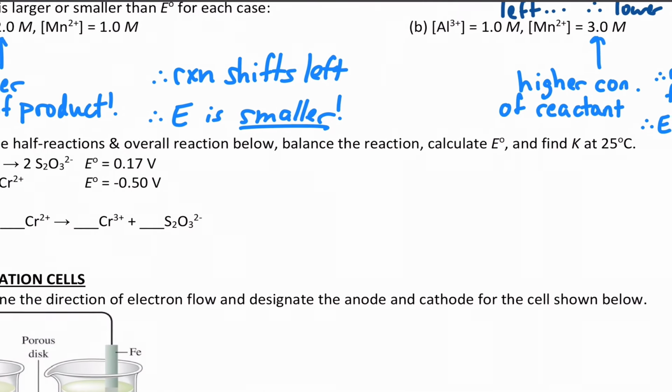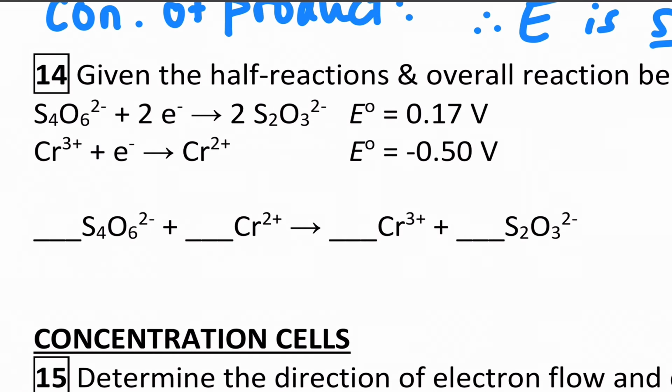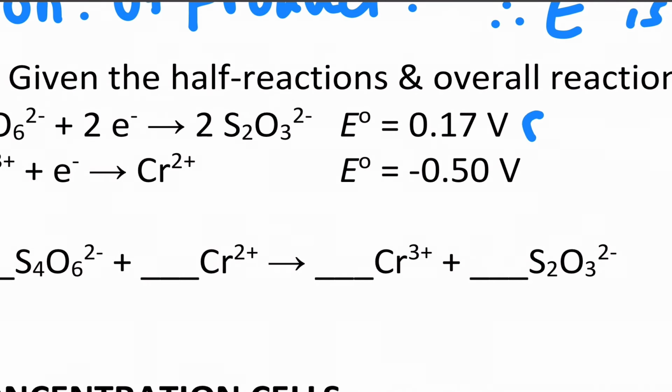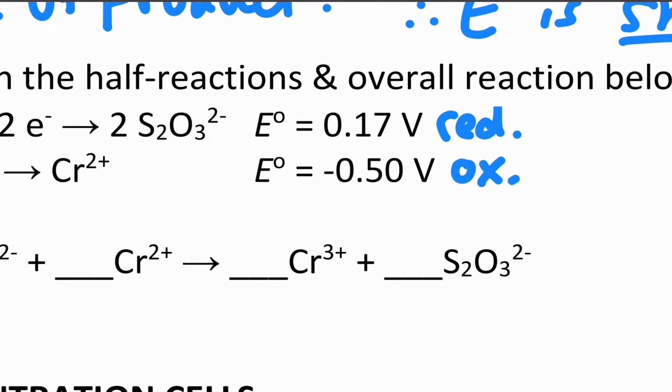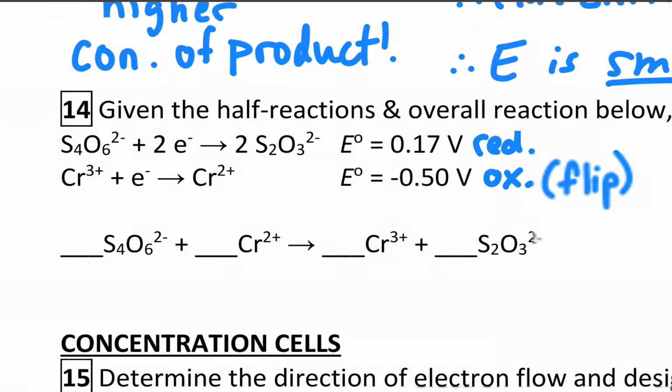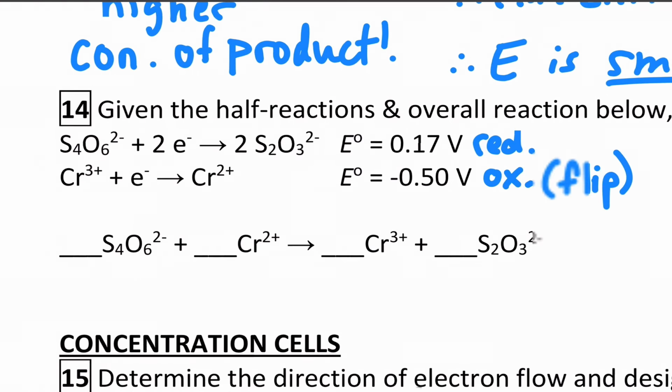And then the other problem that I asked you to do is to use these half reactions and balance. To do that, we have to first figure out who's getting flipped, although you can actually tell because they have a skeletal of it right here. We're going to keep the first half reaction as a reduction. We're going to use the second one as an oxidation, which means we need to flip it. And then to normalize it, we're going to have to multiply that by 2.